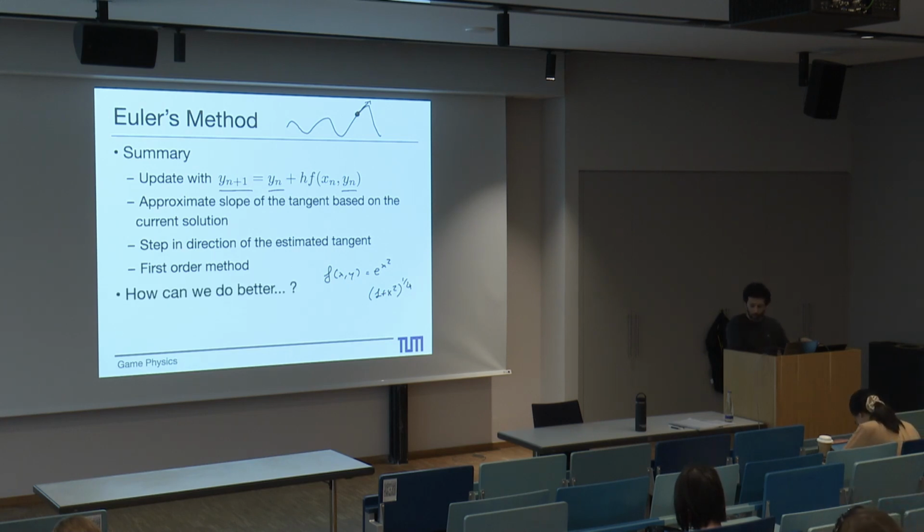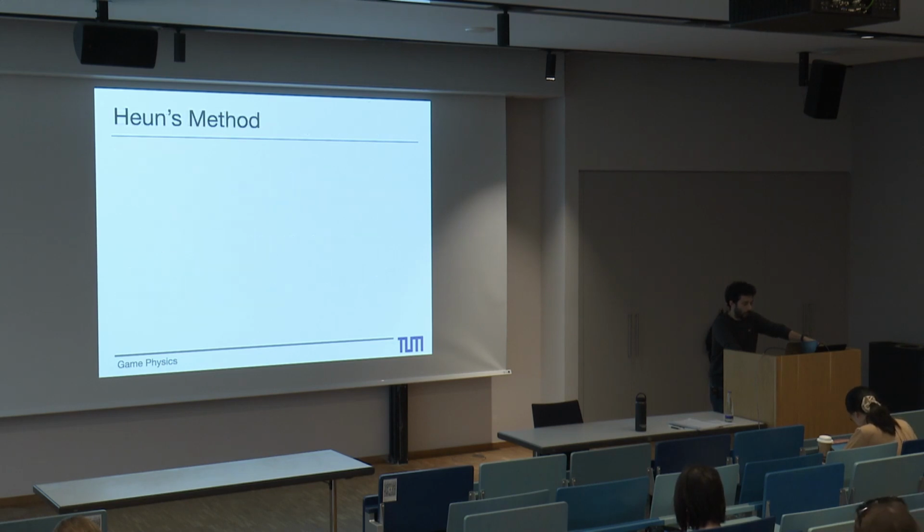So the next question is, how can we do these computations in a better way? Now, we've seen a first order method, and the next one, which is known as Heun's method, is a second order one.